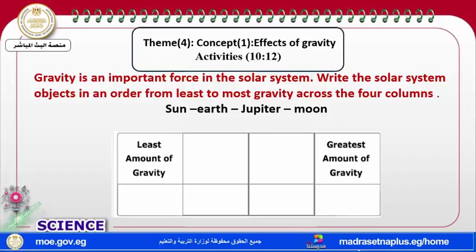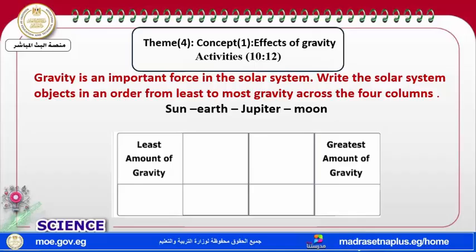Here, my dear students, you will think that the one with the smallest mass will have the least amount of gravity, and the one with the biggest mass will have the biggest amount of gravity.